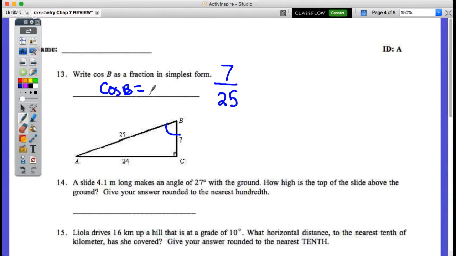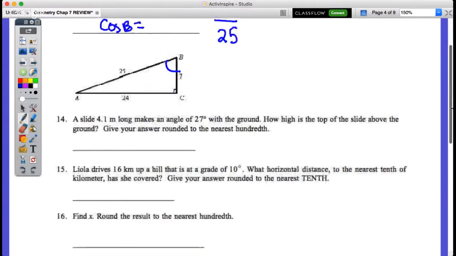Number 14, a slide 4.1 meters long makes an angle of 27 degrees with the ground. That means the length of the slide, the part you're going down, is 4.1 meters long. And when it hits the ground, it's 27 degrees.